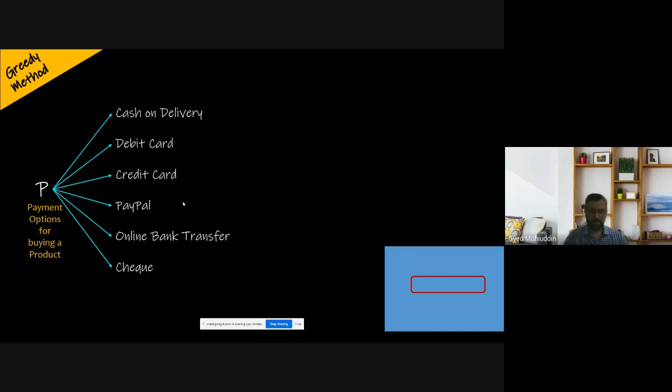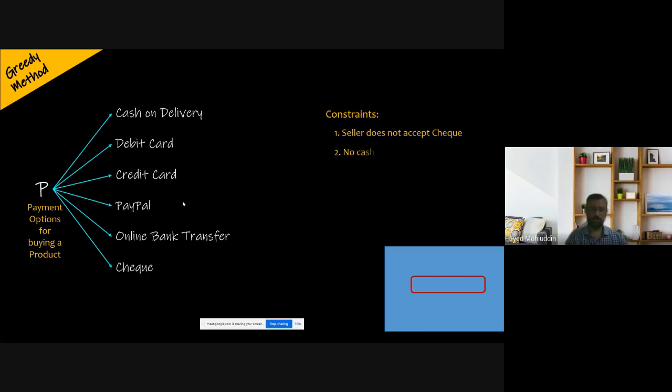Now, let us take the constraints. Those constraints are applied on these inputs. Let us say that in this case, the first constraint is the seller does not accept checks.